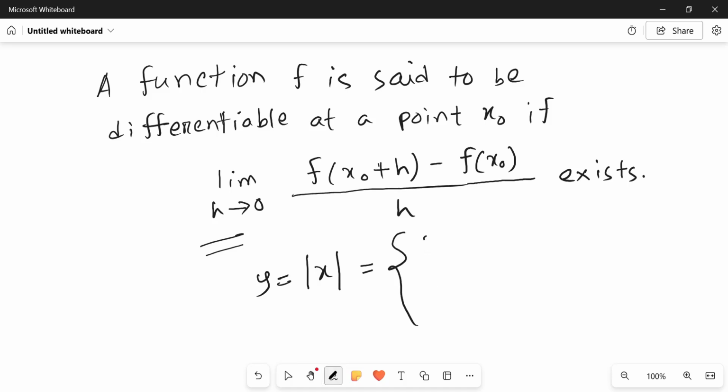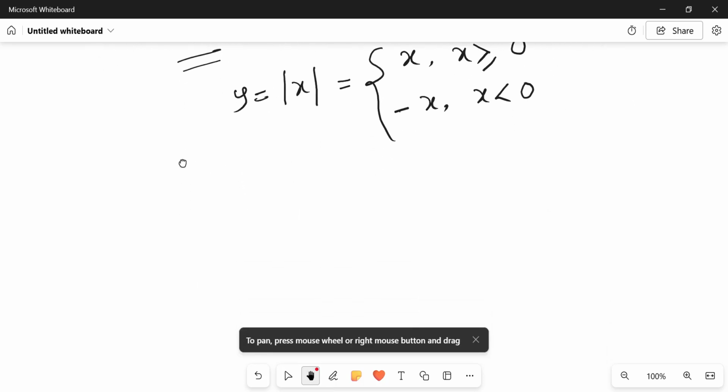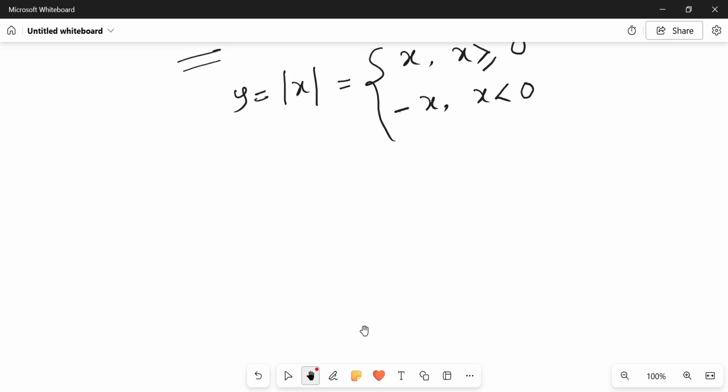It's equal to x when x is greater than or equal to 0 and minus x when x is less than 0. You can also see it graphically if we want to. The graph of absolute value of x looks something like this.